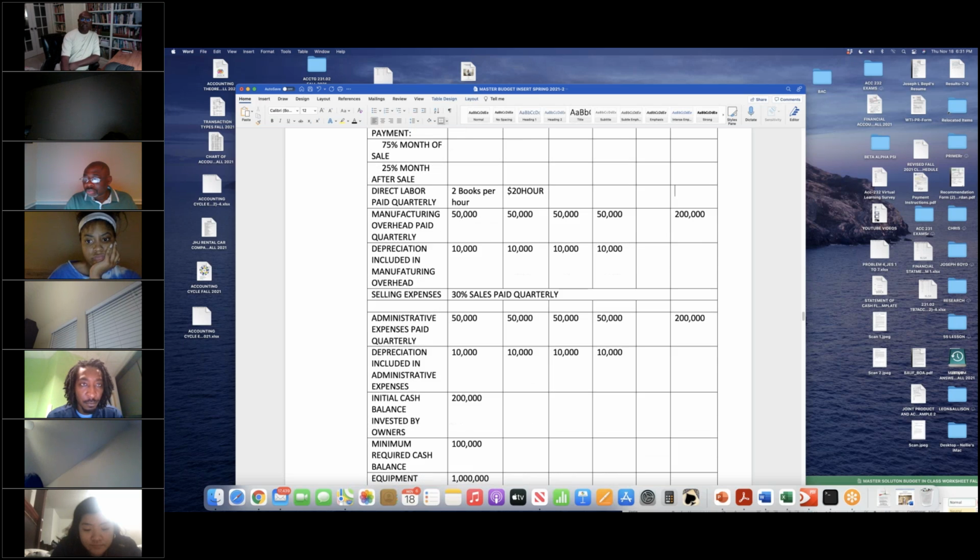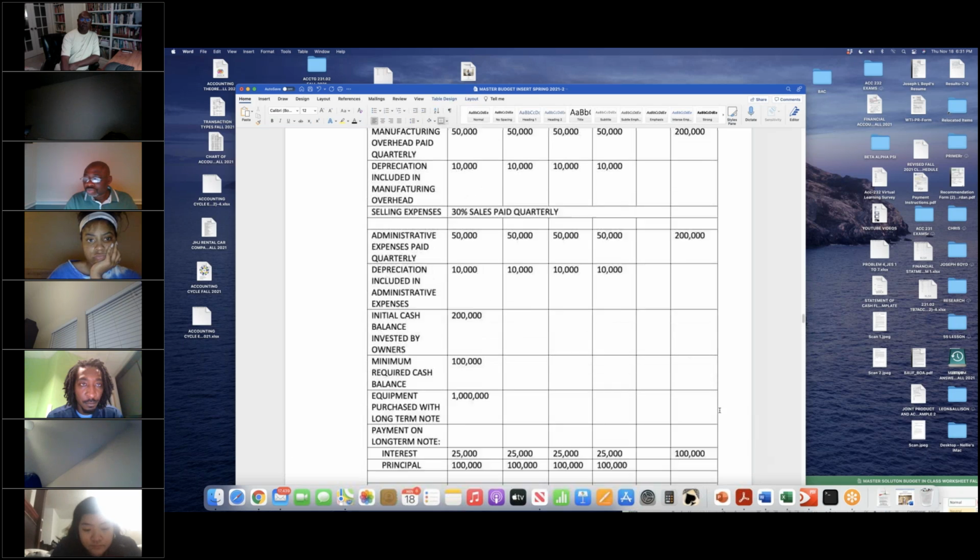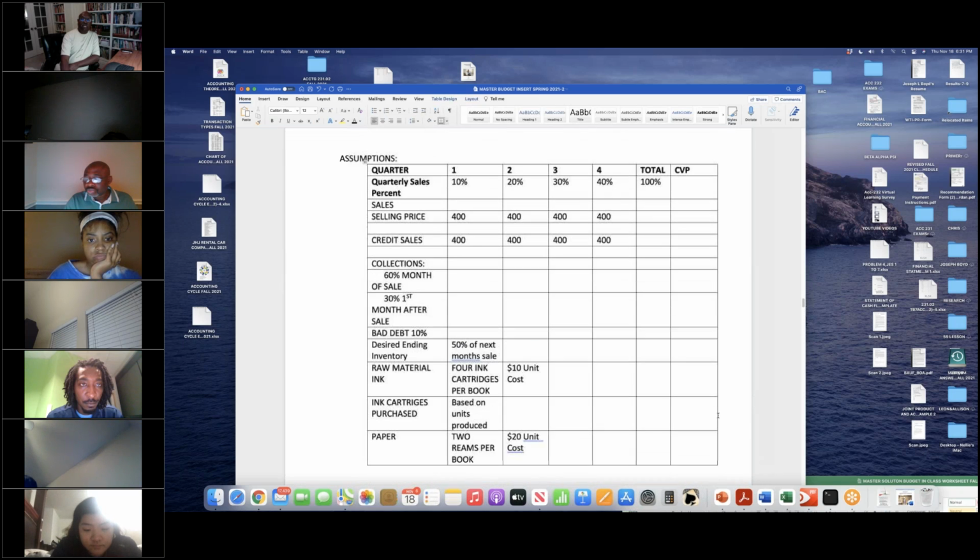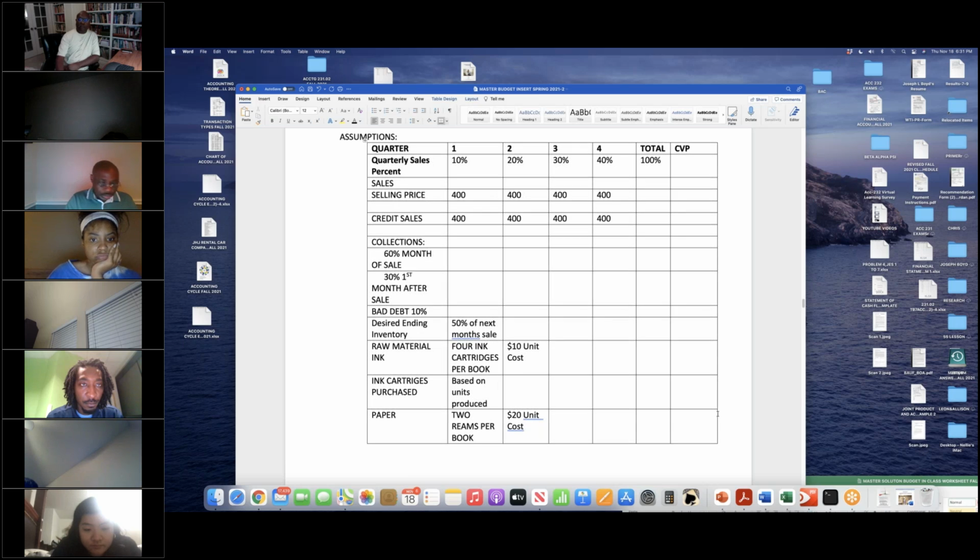Okay, so I'll leave the fixed expenses over here for you. So with this information, and since we're on break even, calculate the quantity to break even.